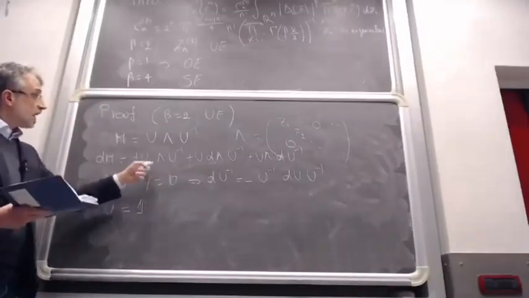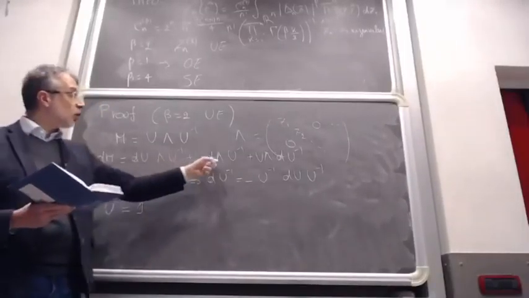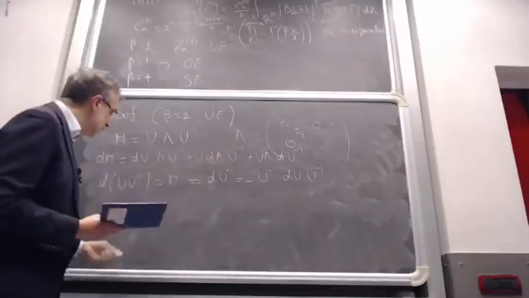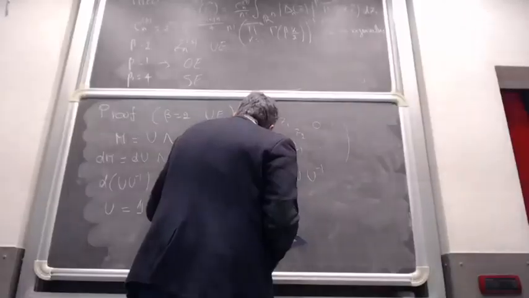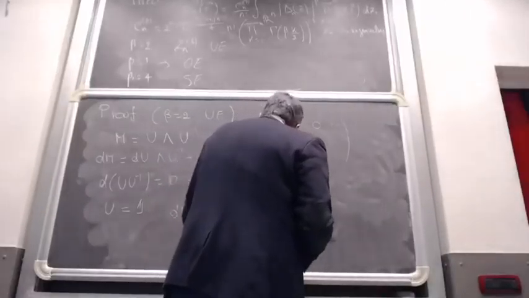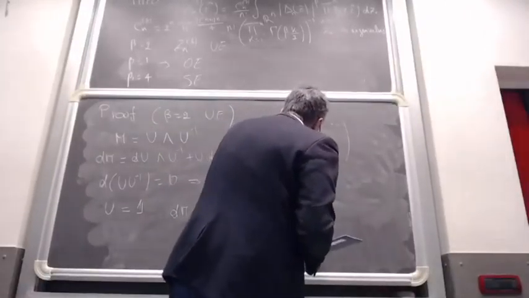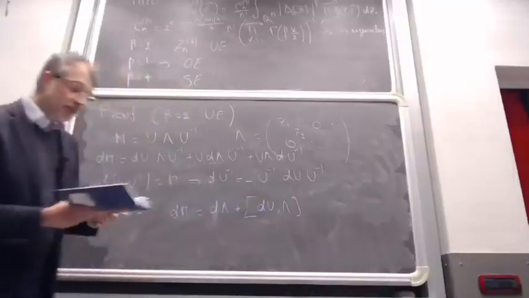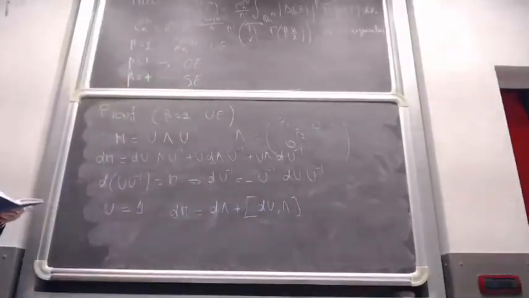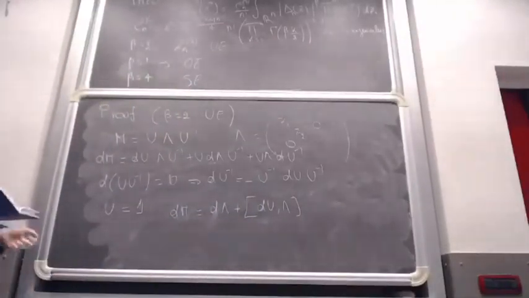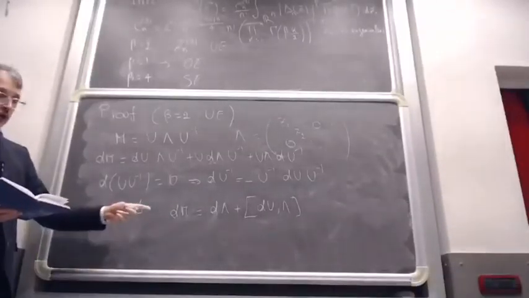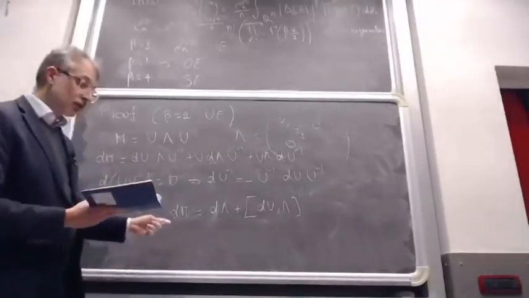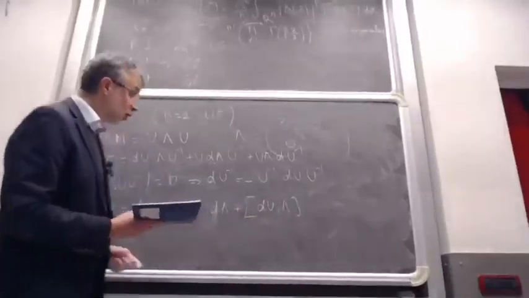Every time you have U to the minus 1 or U, you replace it with the identity, and we get that dM can be written as d lambda plus the commutator of dU with lambda.